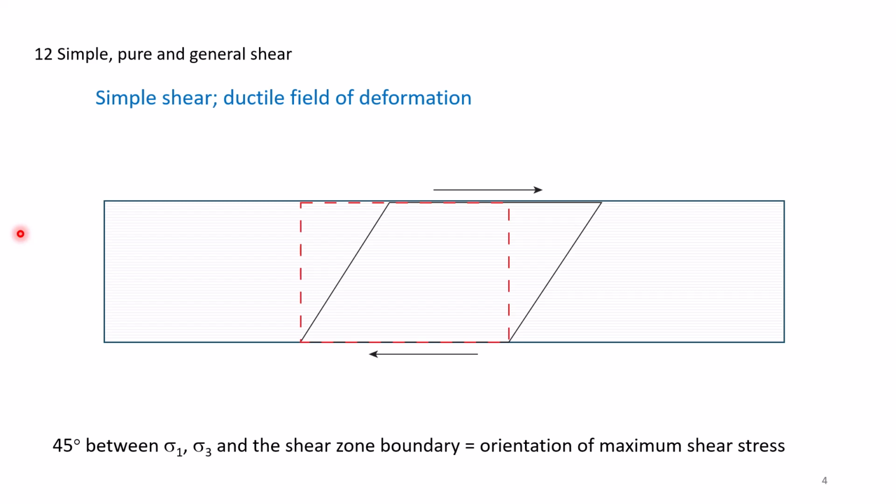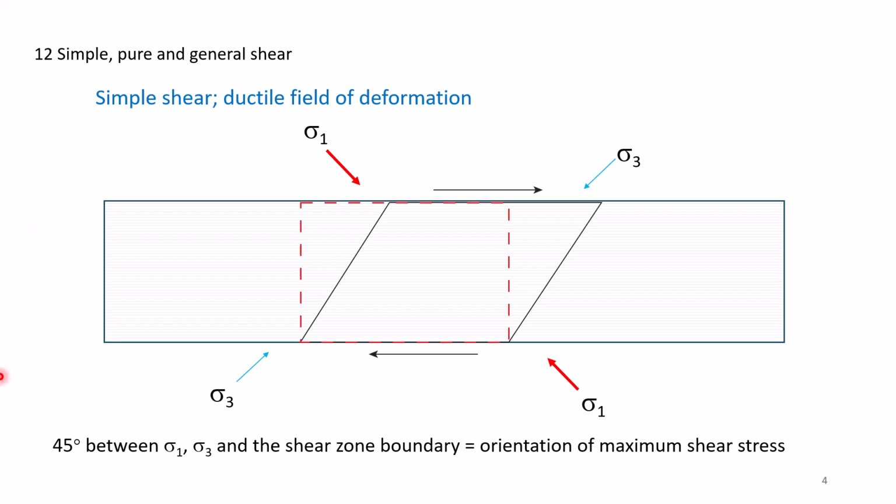Let's discuss simple, pure, and general shear, which describe, as we will see, the geometric relationship between stress field and shear zone orientation. First, simple shear: a shear zone oriented as we see, which has a specific relationship between the principal stress vectors and the shear zone orientation.